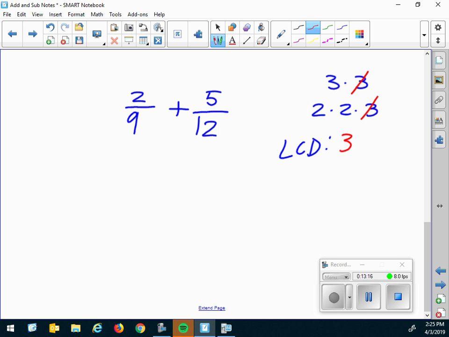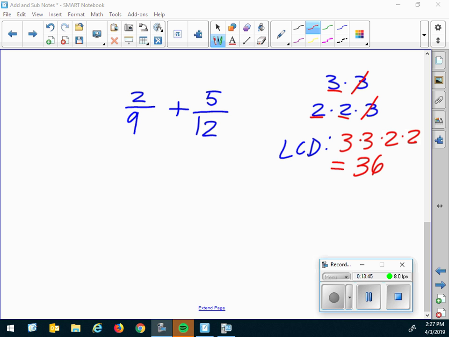No, so I got to write everything else down. 3, 2, 2. 3 times 3? 2 times 2 is 4, and 9 times 4 is 36. Least common denominator is 36.